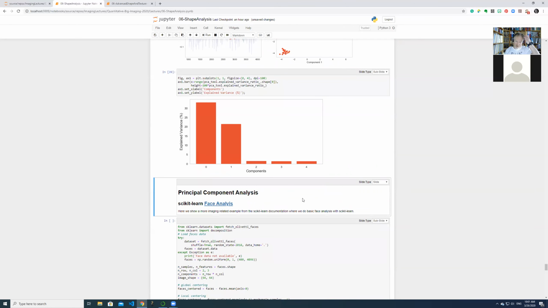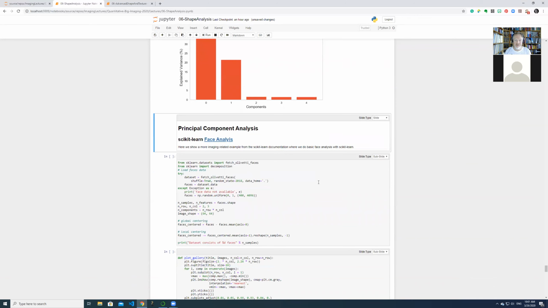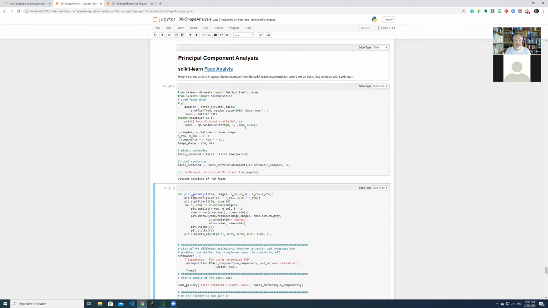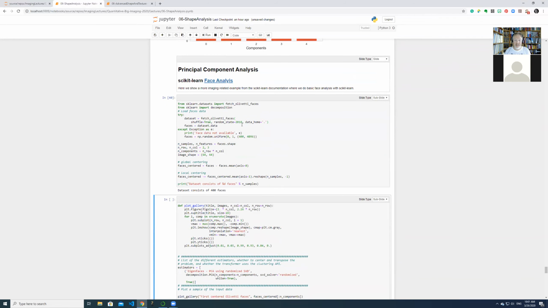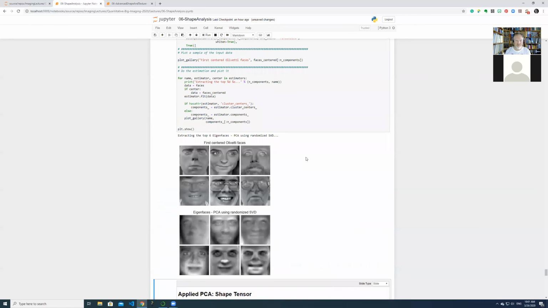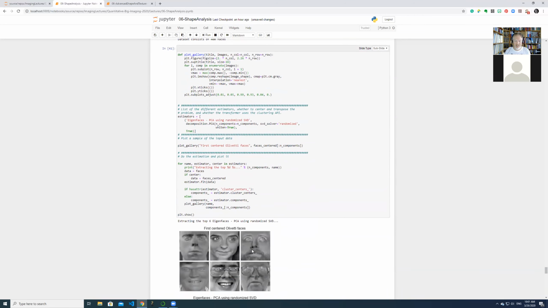An example from the scikit-learn webpage: they do face analysis. So we have a data set of a lot of faces, 400 normalized faces. The images are prepared in a way that they are easy to do analysis on. And then we can see the faces first look like this.